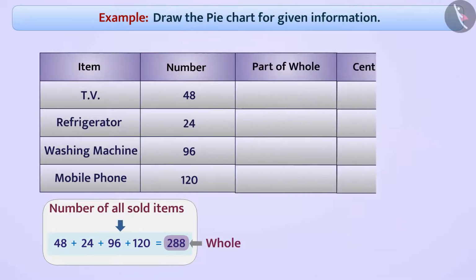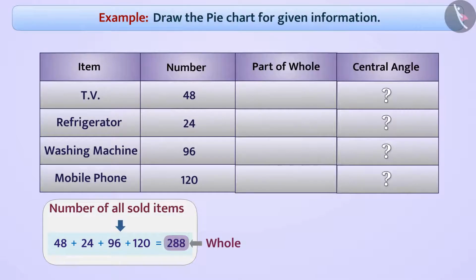Now, let's find the central angles representing the number of each object. The number of TVs sold is 48 divided by 288 part of whole, that is 1 by 6 part. Therefore, the central angle denoting it will be 1 by 6th part of 360 degrees, that is 60 degrees.